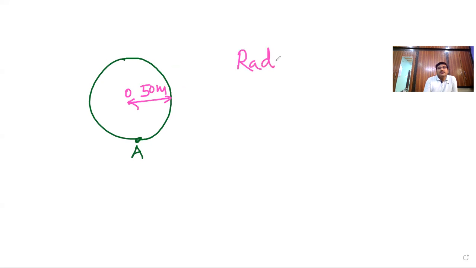So the radius of the circular track, R, is equal to 50 meters. Clear? Now the athlete starts from A and completes one round.